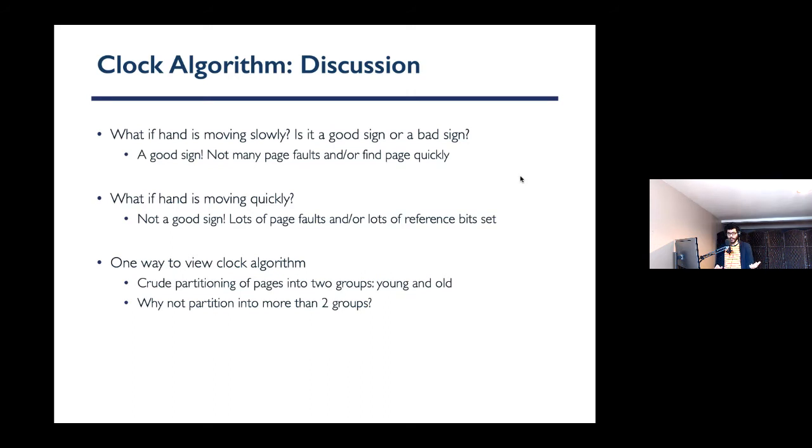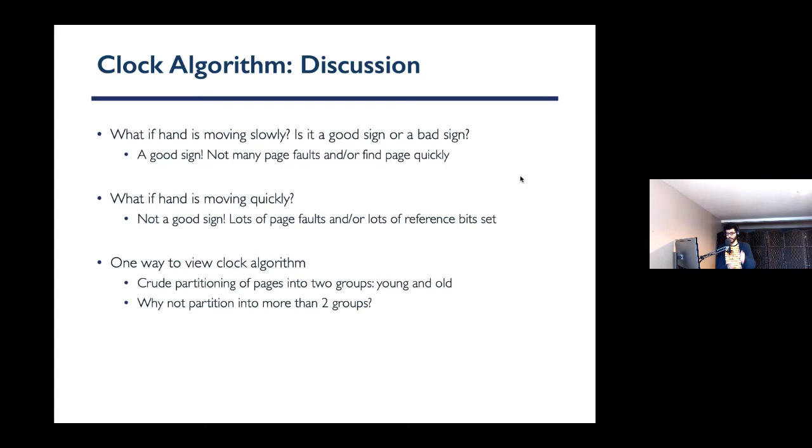One way of looking at the clock algorithm is as a classification method where you're classifying pages into two groups, the ones that have been accessed recently and the ones that haven't been accessed recently. So in LRU, you classify pages into so many different classes, which is basically the ones that were accessed exactly last time, two times ago, three times ago, and so on and so forth.